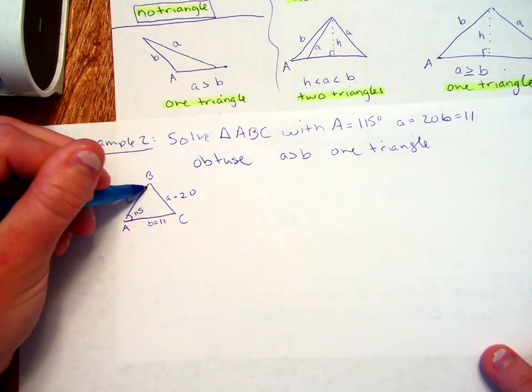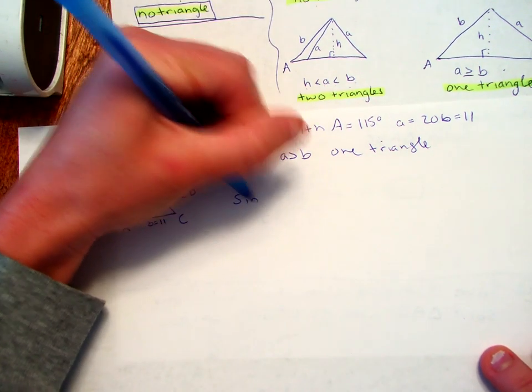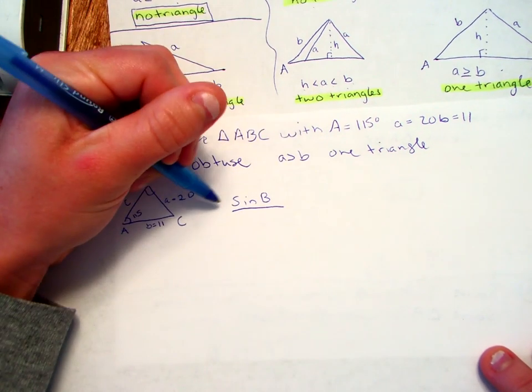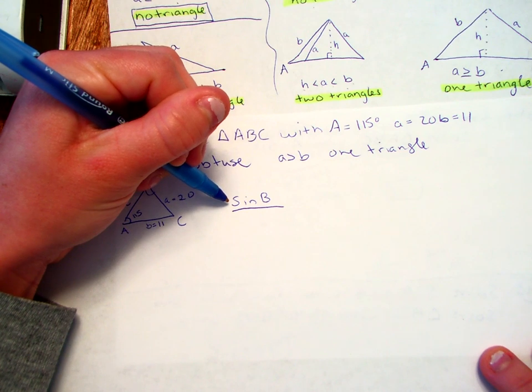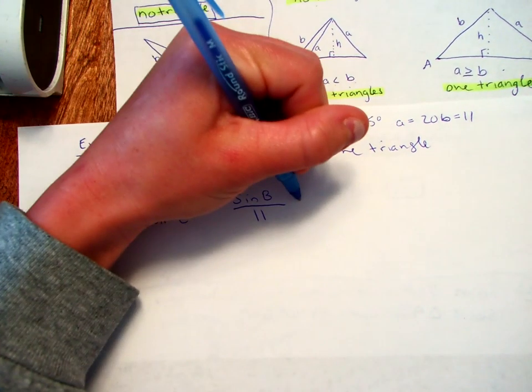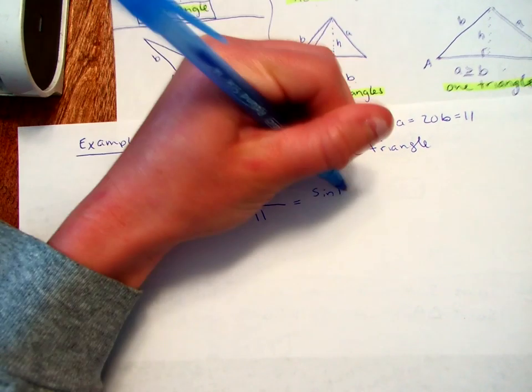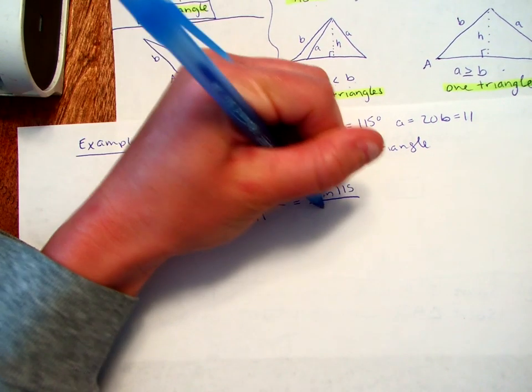We're looking for angle B here because we have side b. So we'll say sine of B. Remember, you always want whatever you're looking for to be the numerator. Over 11, because we know that, equals sine of 115 over 20.